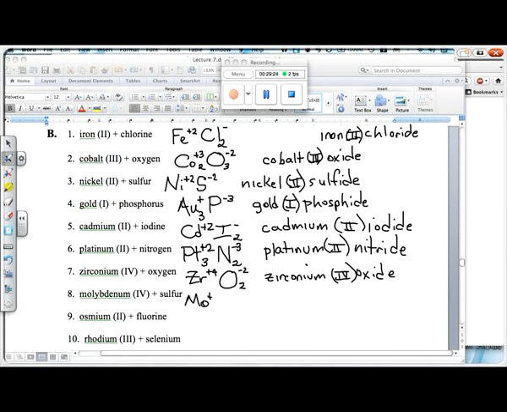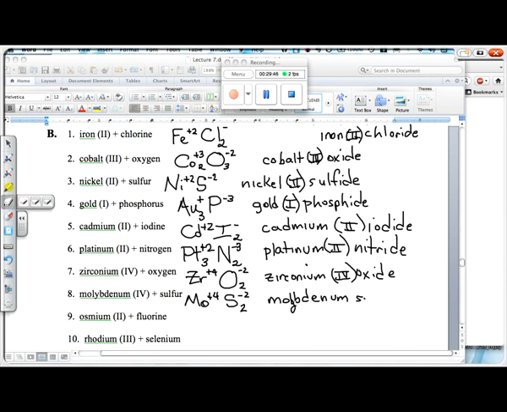Molybdenum, +4. Sulfur, same group as oxygen, so it has a negative 2. Same type of compound formula. Molybdenum sulfide. Oh, Roman numeral.